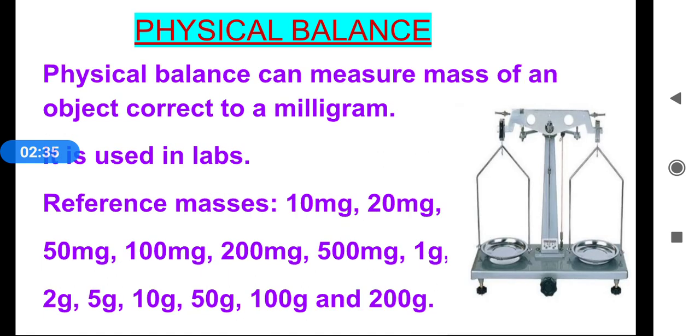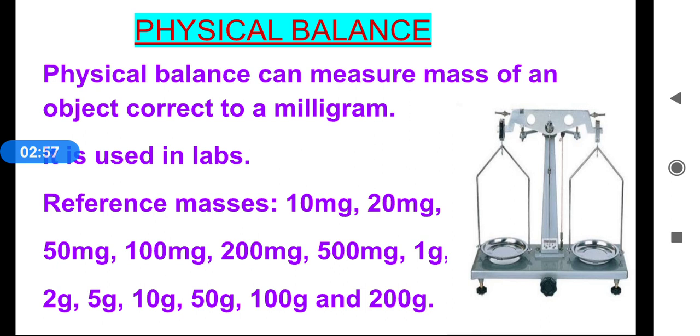The next instrument is physical balance. This balance is used in labs and is similar to the beam balance, but it is a lot more sensitive and can measure mass of an object correct to a milligram.